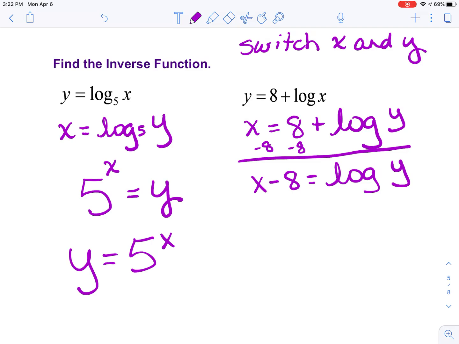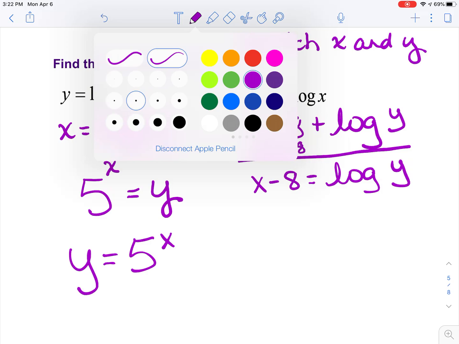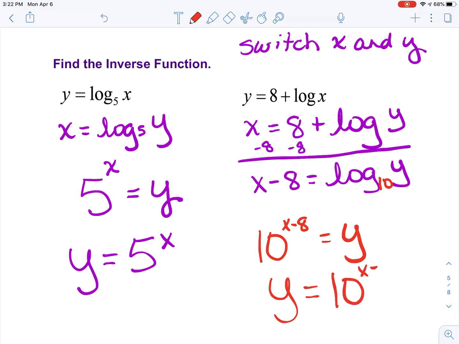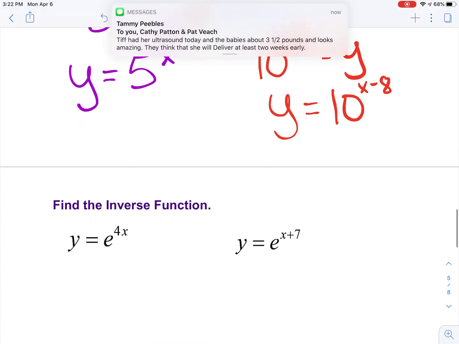Well, if it's in log form, we're going to change it to exponential. So I need to remember that there is a 10 right here. Remember, if it doesn't have anything, it's a 10. So it's going to be 10 to the x minus 8 equals y, or y equals 10 to the x minus 8.